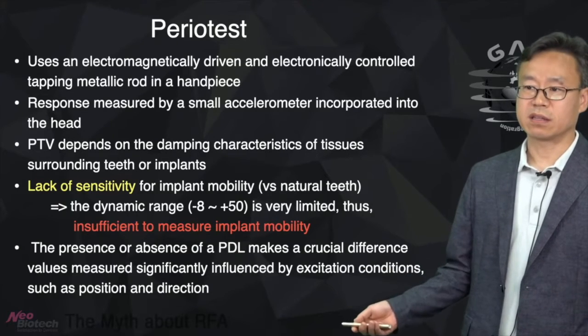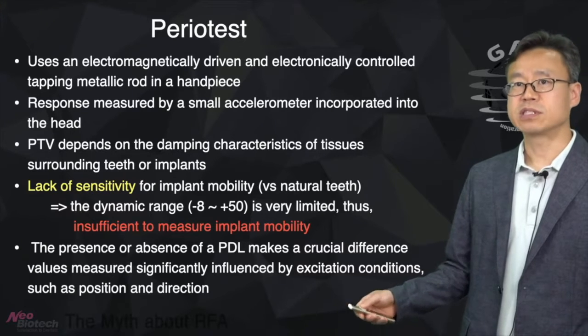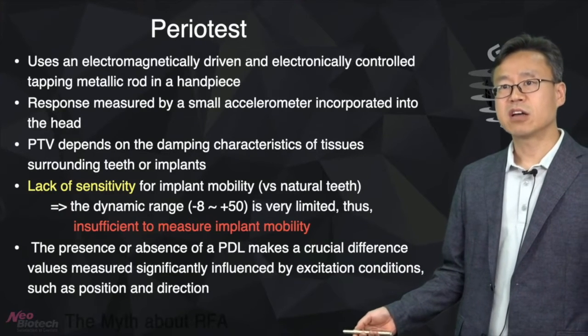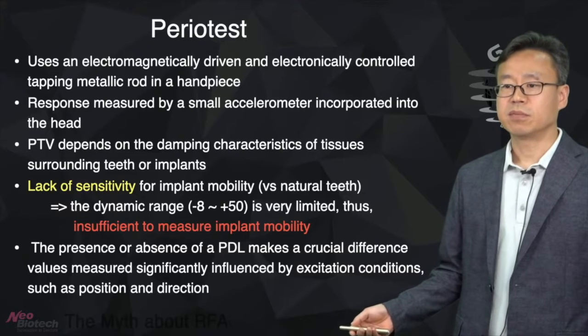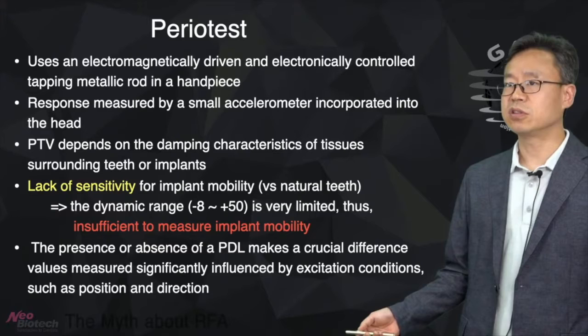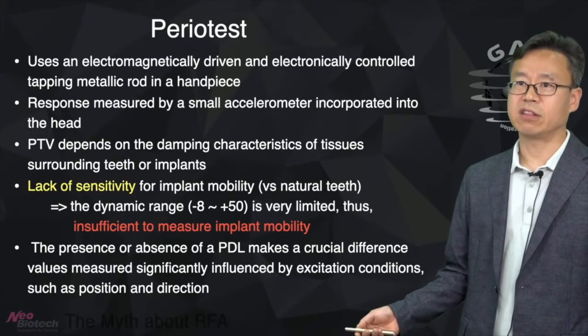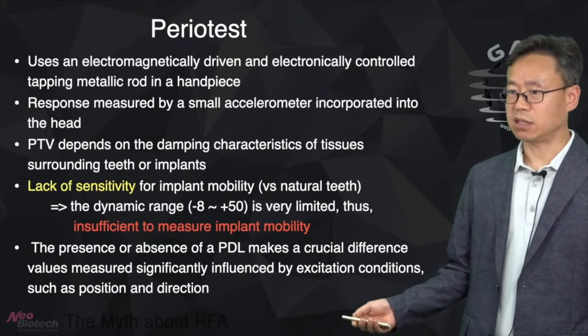This is what this instrument is for originally, for example, periodontally compromised teeth. But this instrument was not sensitive enough to evaluate implant mobility, which is much smaller than the ones with natural teeth.